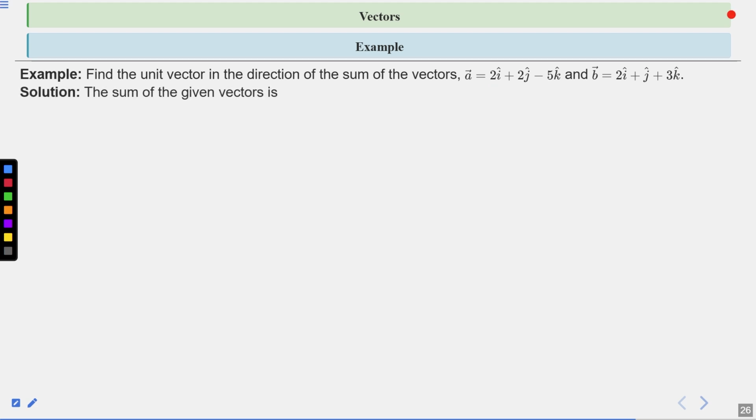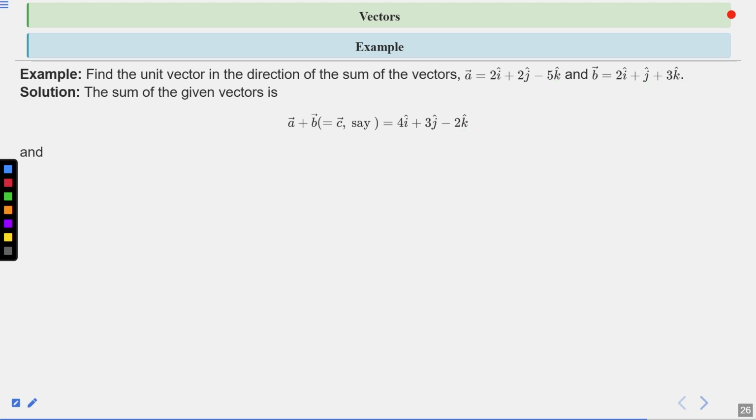The sum of the given vectors is a vector plus b vector. Initially we consider it equal to c vector. So a plus b vector is equal to 4i cap + 3j cap minus 2k cap.